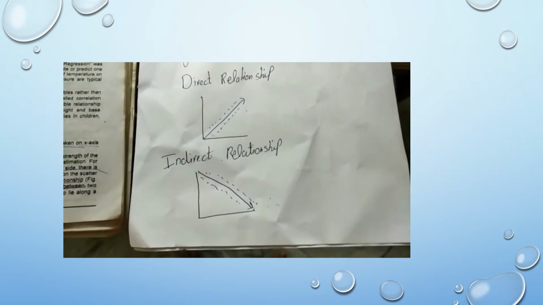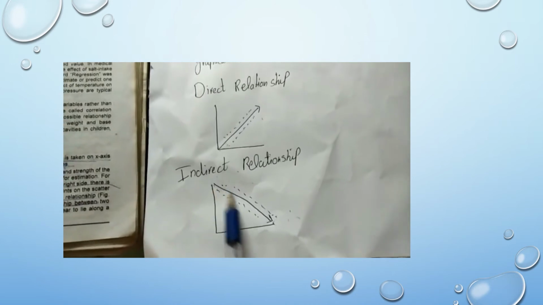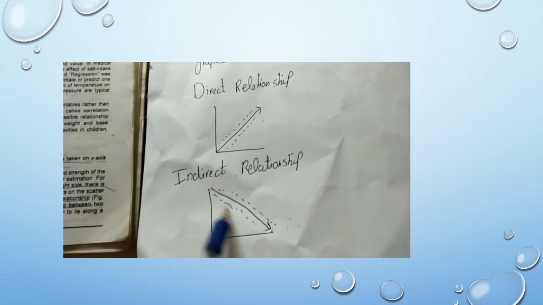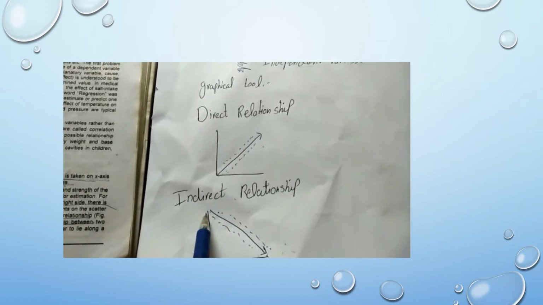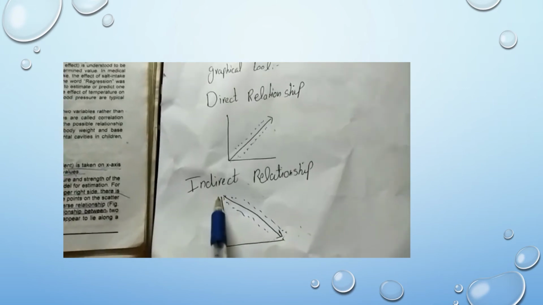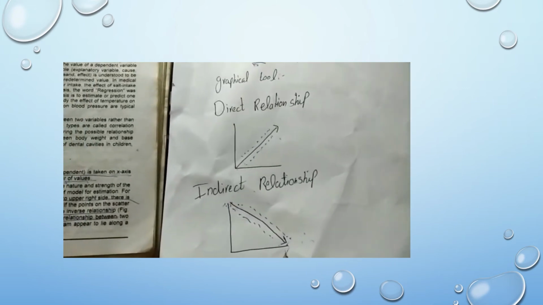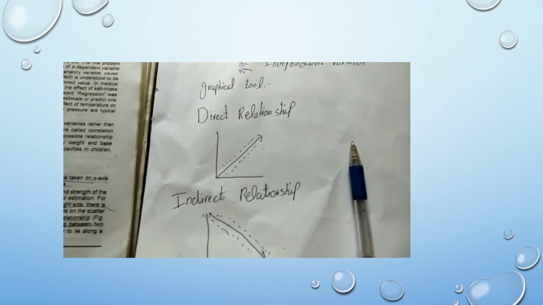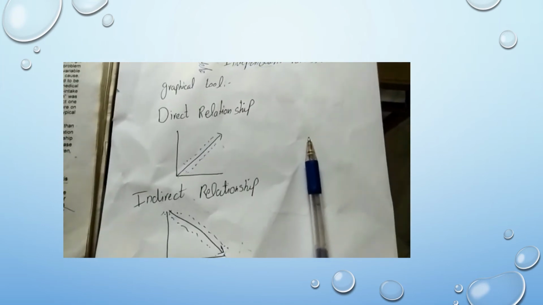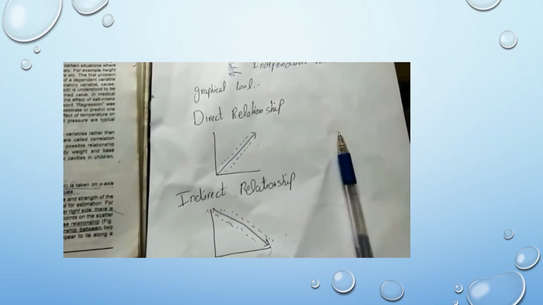In an indirect relationship, the points or line run from high to low, from the upper left to the lower right side, and a direct relationship is from low to high. So these are opposite to each other.